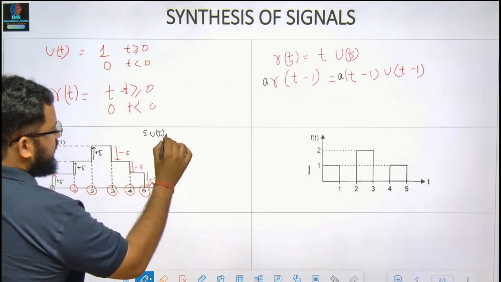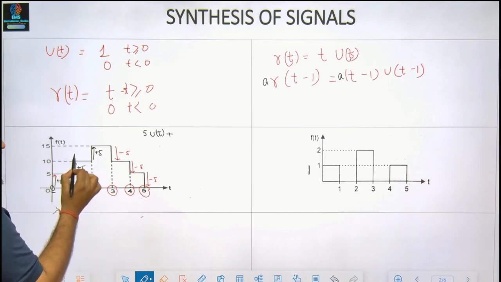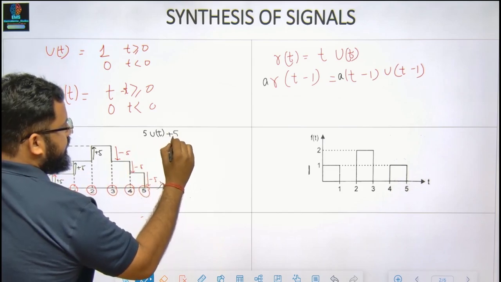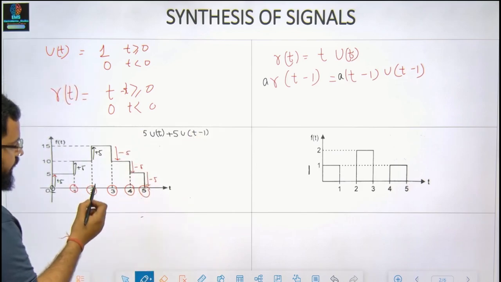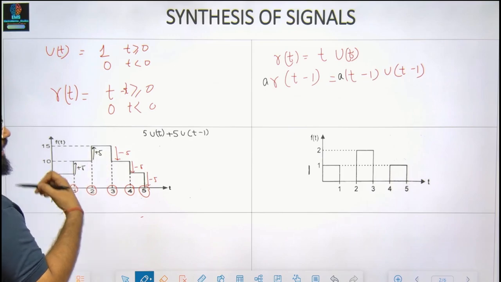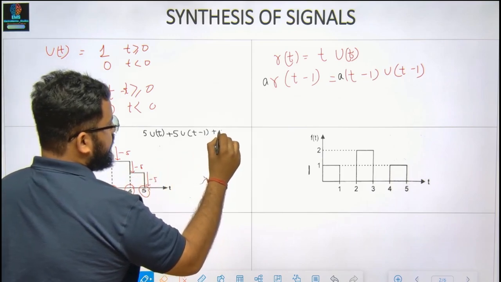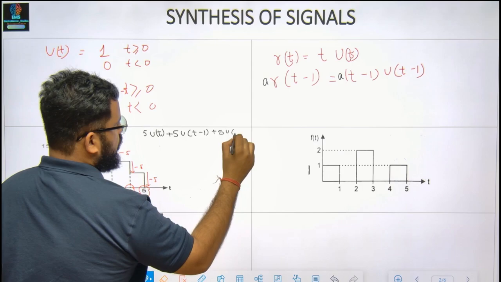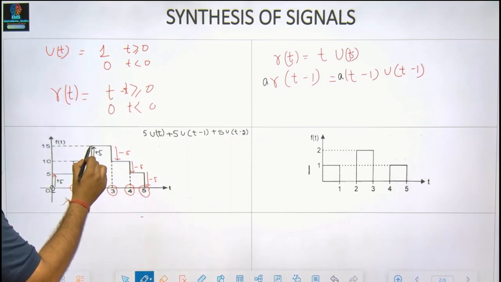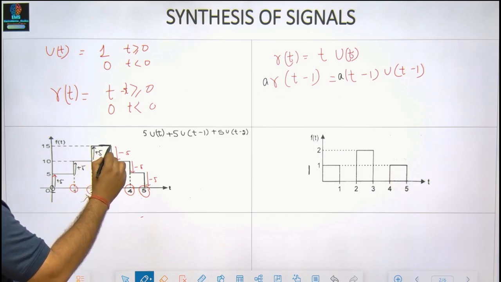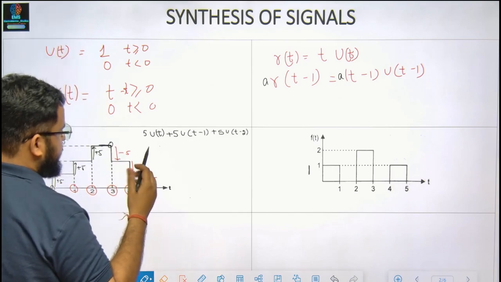At t equals 1, the signal has been shifted and there is a rise of plus 5 u of t minus 1. At the second point, again there is a rise of 5, so we write down plus 5 u of t minus 2. So we have reached this point. Now suddenly at this point, my signal is dropping by minus 5.